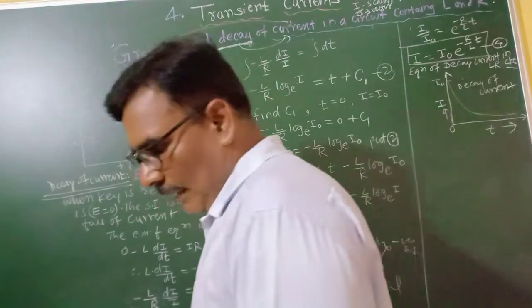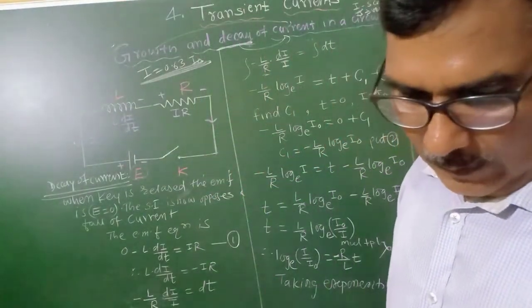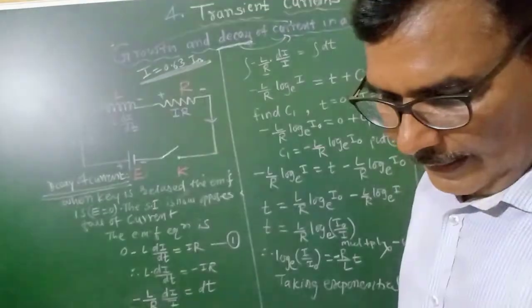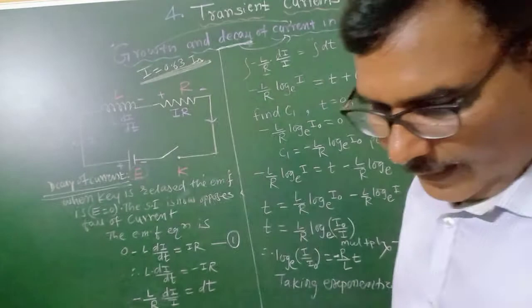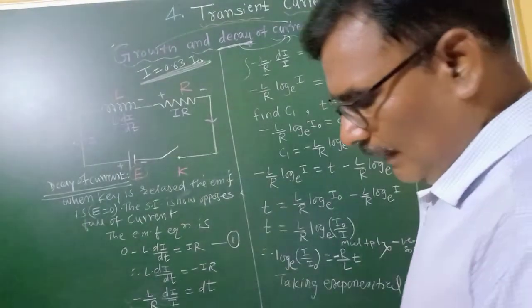After that, obviously the current in the circuit decays exponentially. The graph representing the decay of the current I with time is as shown in the figure.